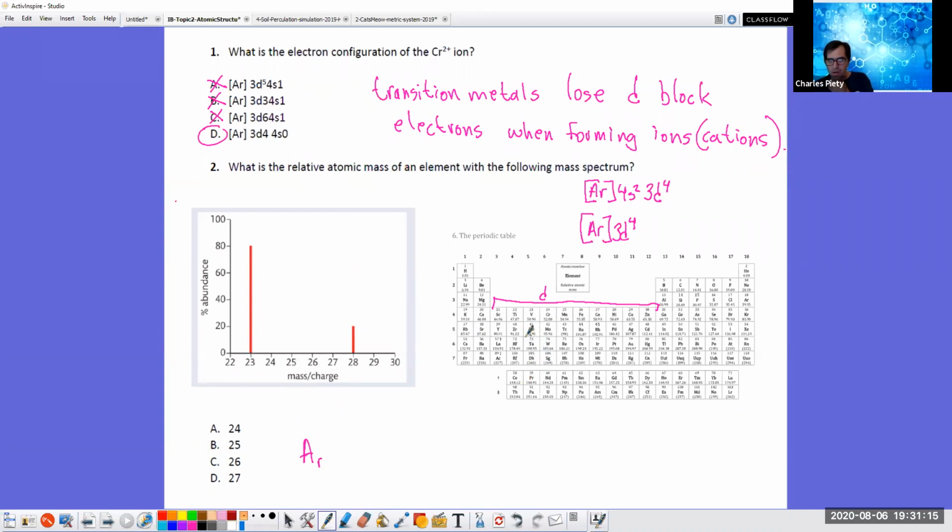It's the number below the symbol. That is equal to the percent of the isotope, right? But we have to add up all the percentages. And because this is a percentage, we're going to divide this by 100.